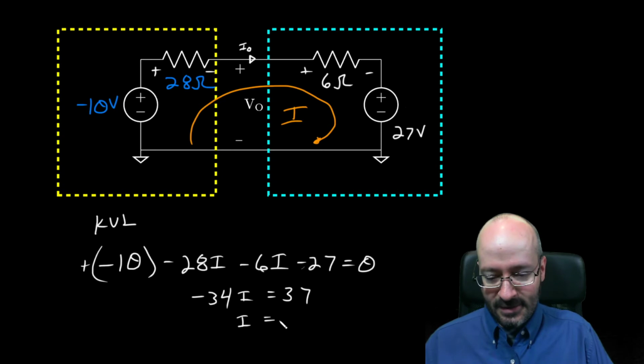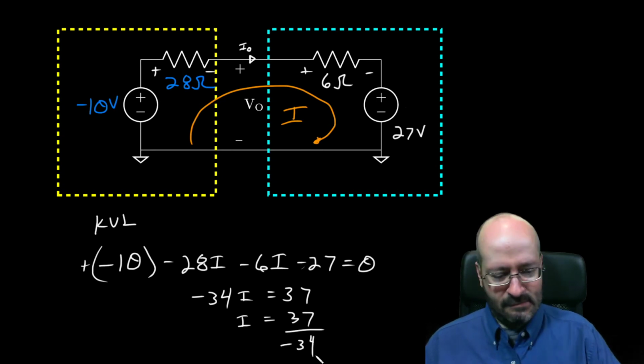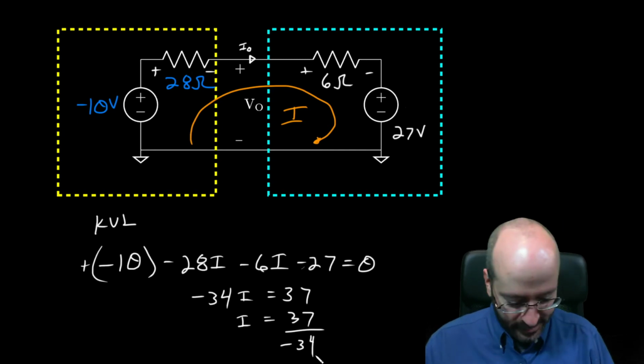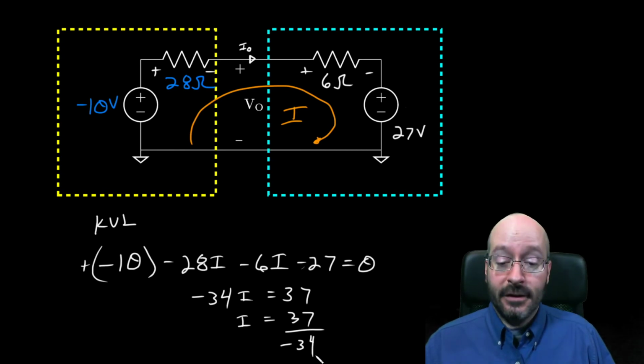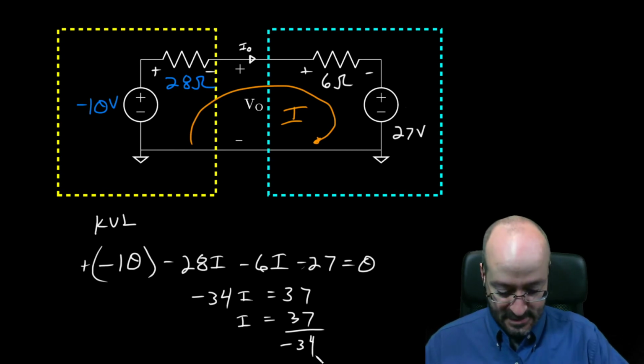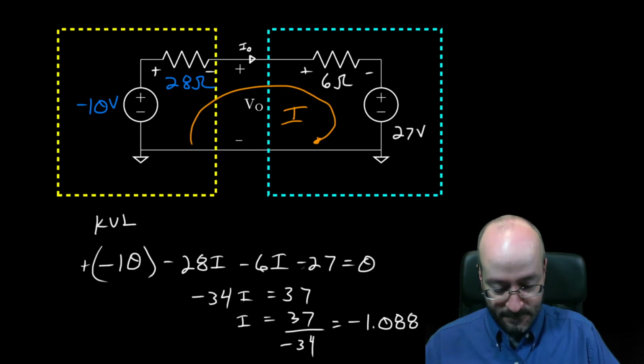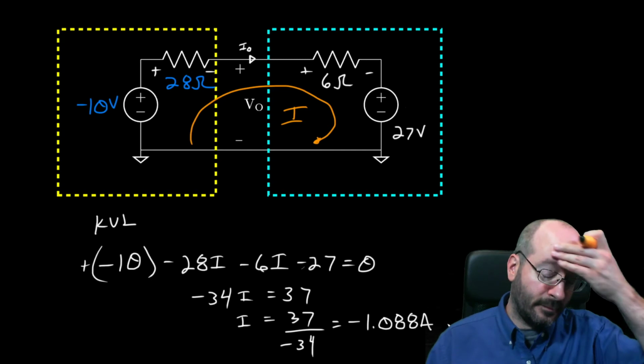Okay, so I is equal to 37 over negative 34. A little more than 1, a little more than negative 1, I should say. 37 divided by negative 34 is equal to negative 1.088, and that's in amps.